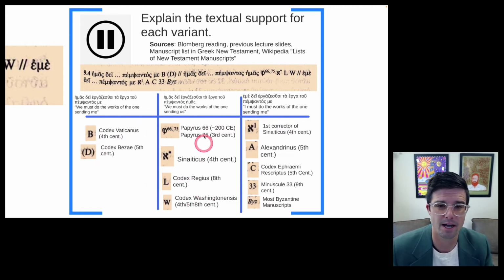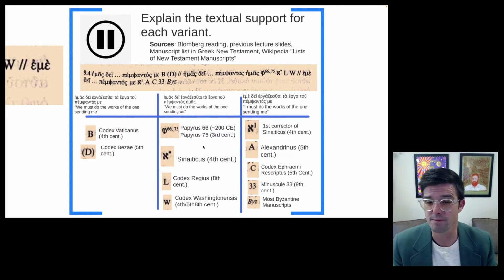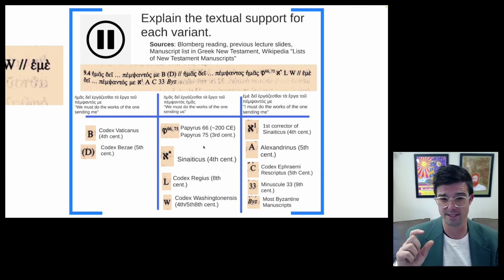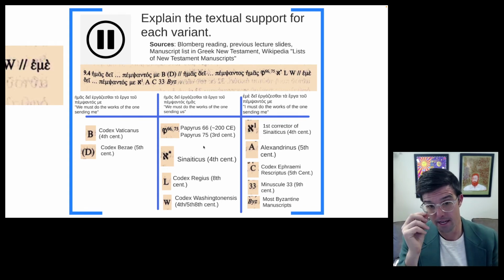And when it comes to the manuscript evidence, I should say from the get-go, there's something subjective to this. This is not an exact science, and different individuals are going to weigh evidence differently.